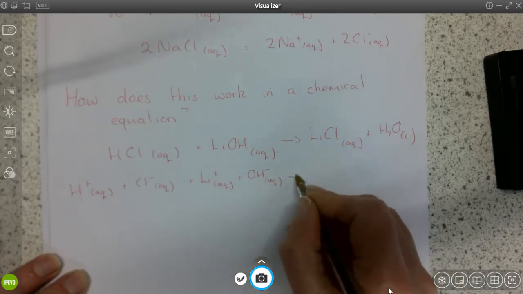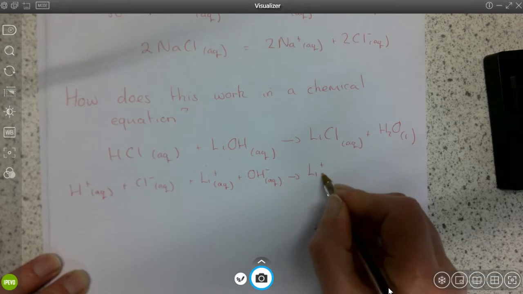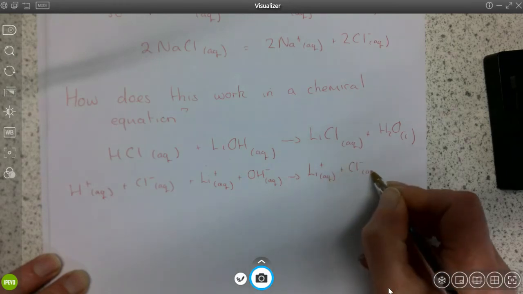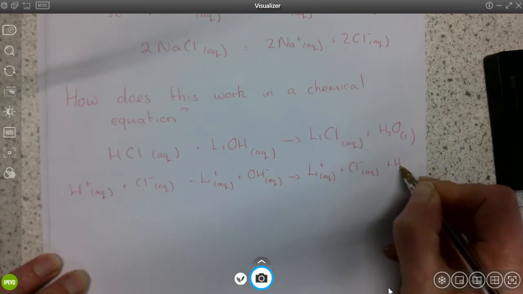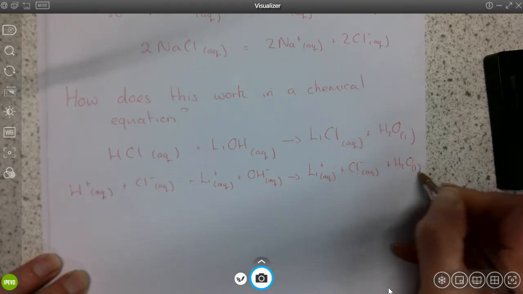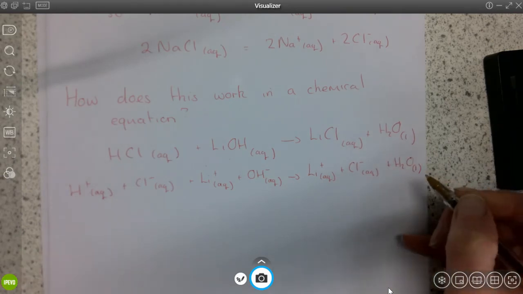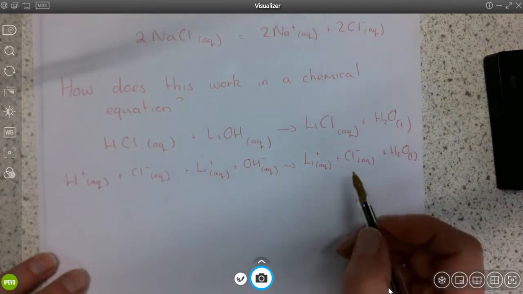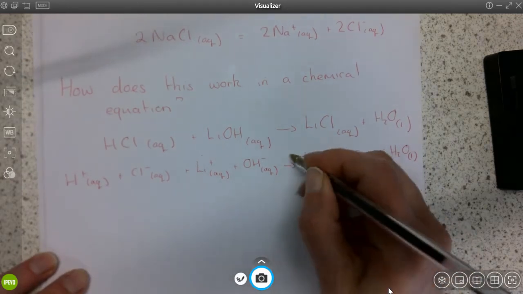That gives me Li+ (aq) plus Cl- (aq), and then it gives me my water, which we don't split up because it's an (l). The only things we split up into ions are the things that have (aq) in brackets that are ionic.